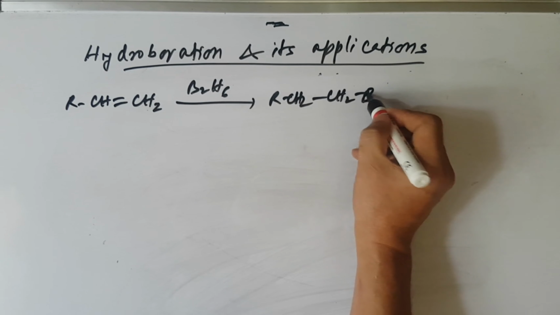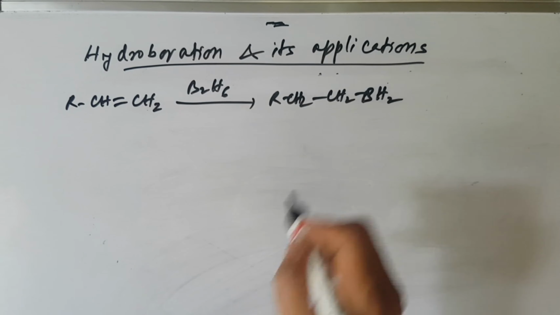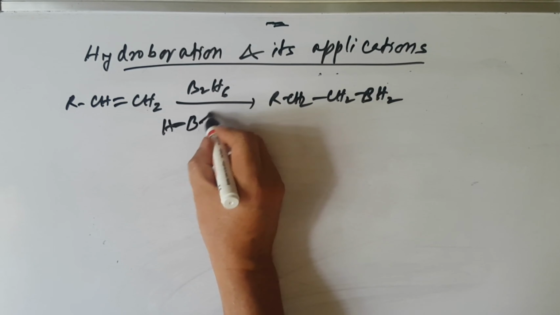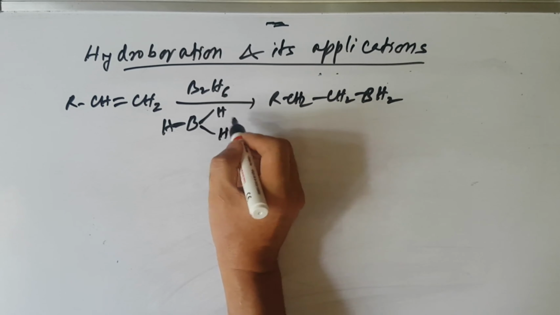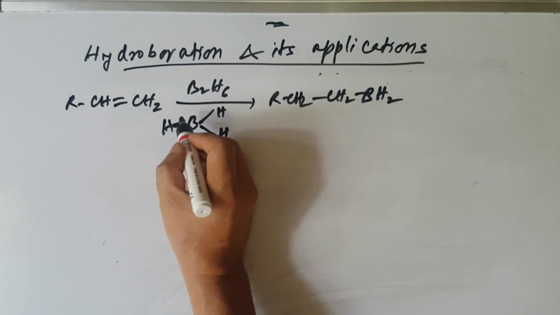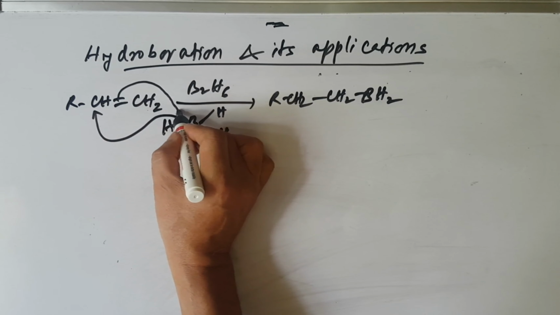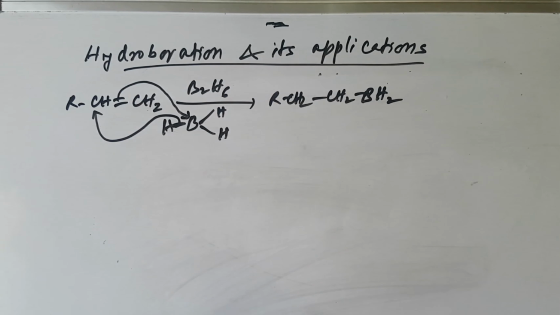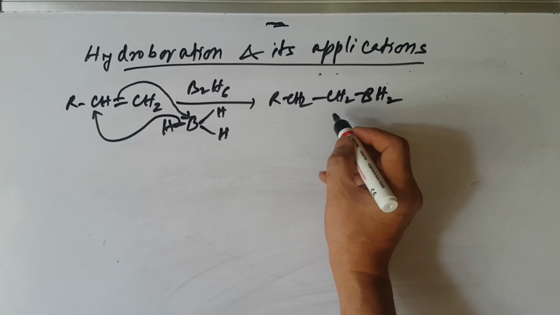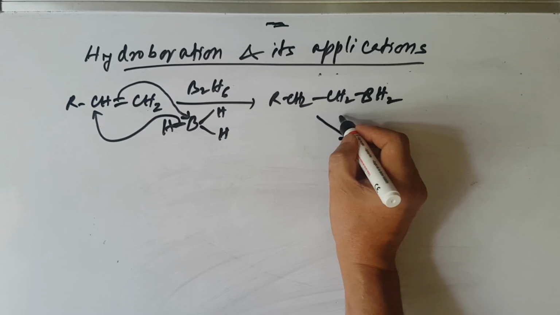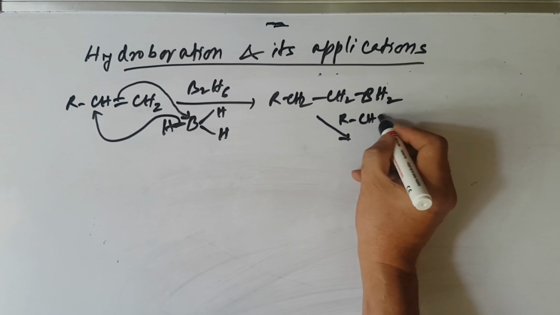BH2. Okay, so here actually like this, you can have it coming from diborane to borane. So here it takes the less substituted carbon atom to give this. Here another molecule can attack, this one can be attacked by another molecule of olefinic compound.